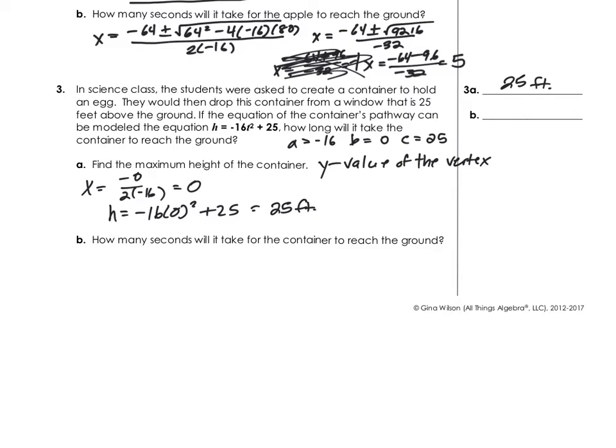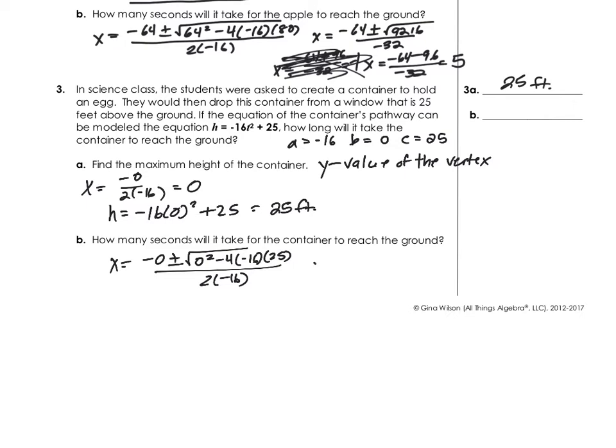Okay. B, how many seconds will it take for the container to reach the ground? All right. So set up your quadratic formula. Negative 0 plus or minus the square root of 0 squared minus 4 times a times c all over 2 times a. Always simplify the discriminant first.